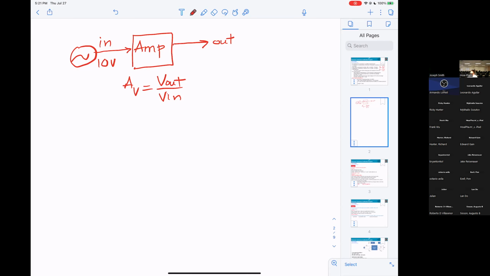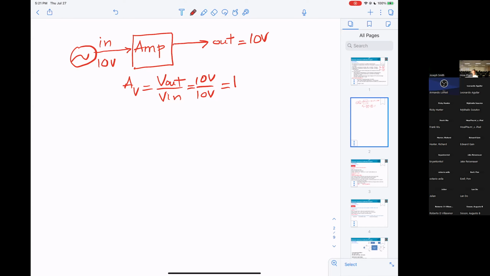Now, if you get the output equal to 10 volts, and the input is 10 volts, so AV will be equal to what? 10 over 10 equals what?